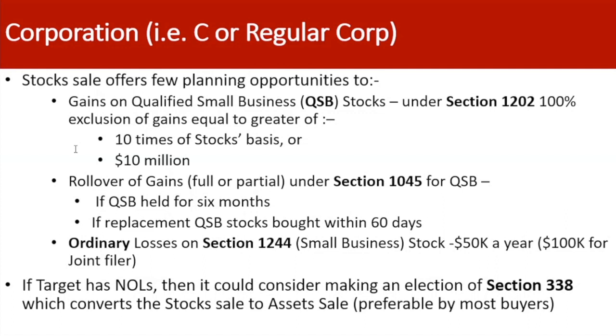Another advantage: at times people do have losses. Whatever they plan, it doesn't become successful, so they may have losses. Usually the loss on the capital stock is a capital loss, and for capital loss you can claim $3,000 a year.